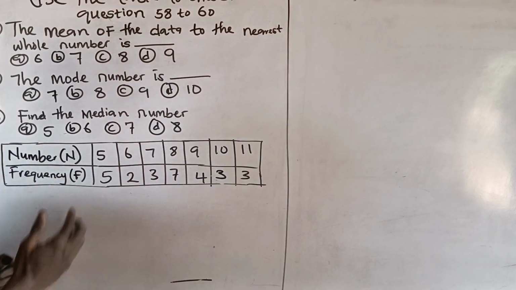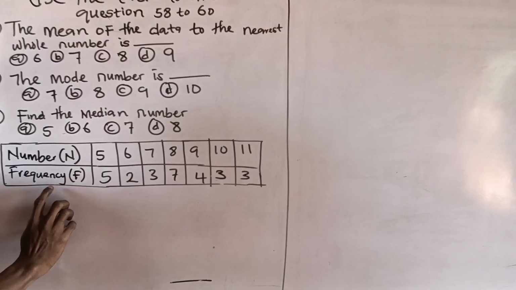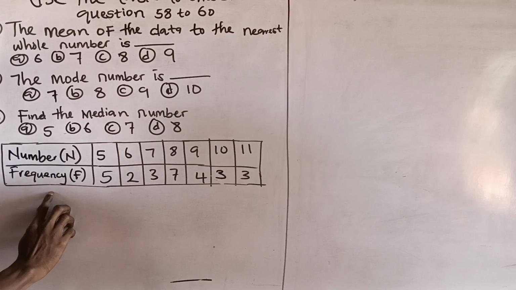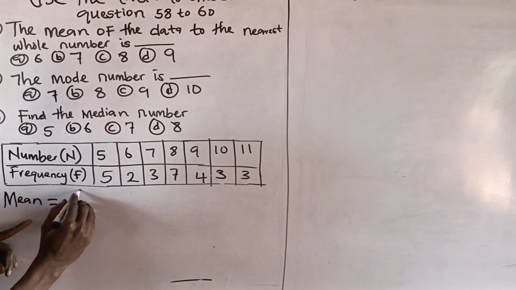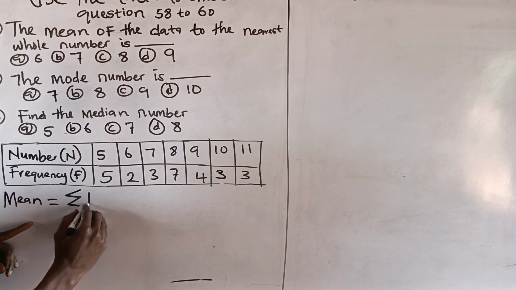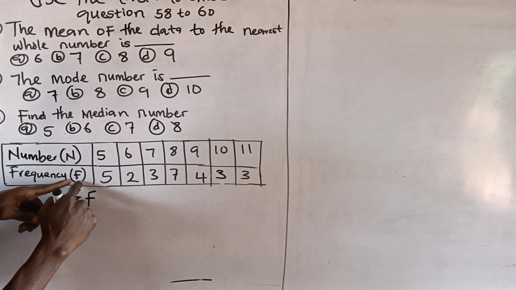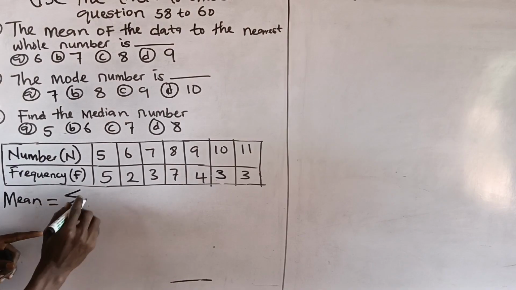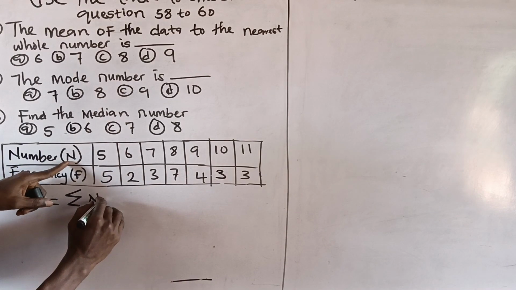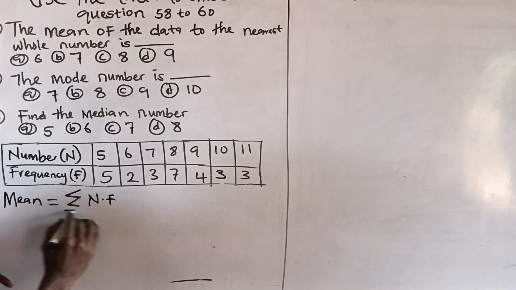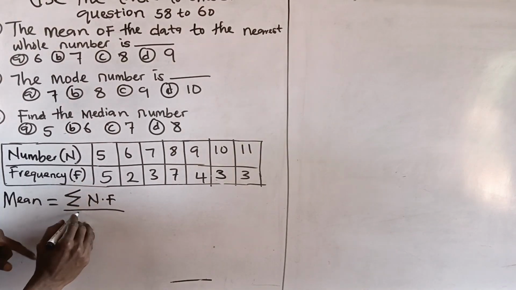Now let's do it. Don't forget, this one has a frequency. Since it has a frequency, it has its own formula. The formula used in calculating the mean, the one that has a frequency, is equal to summation f times n, or summation n, that is the number, times the frequency, divided by summation f.